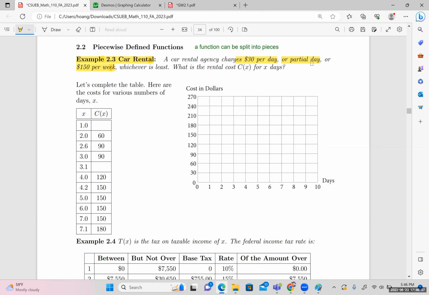So think, if you rent a car for 1 day, you pay $30.